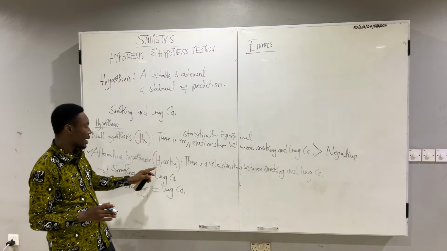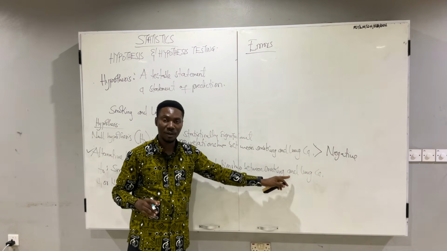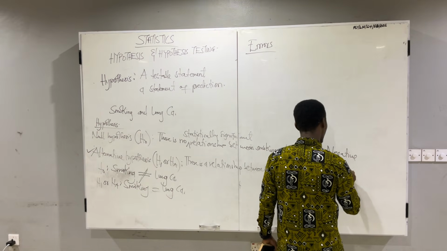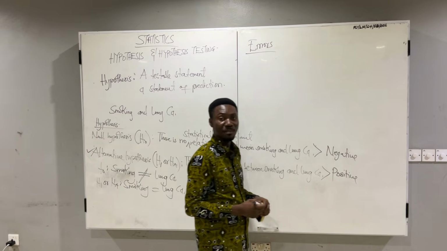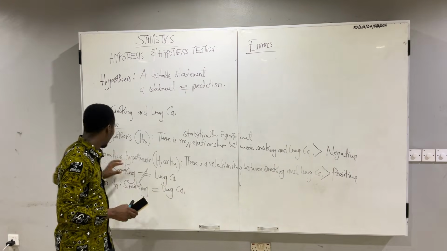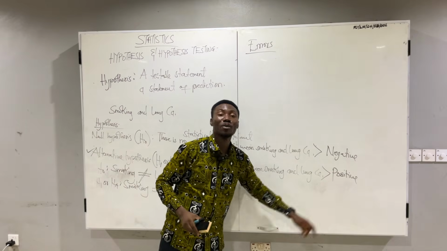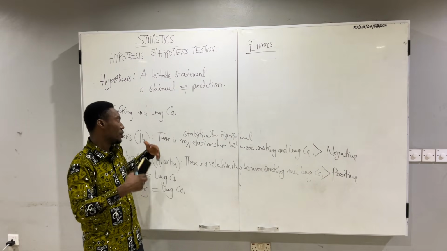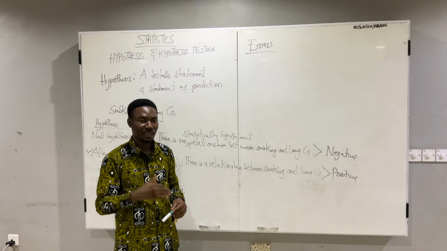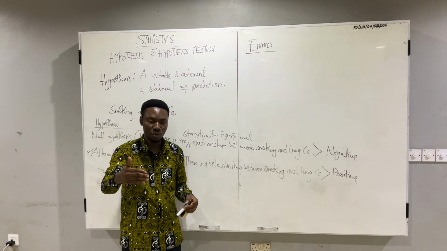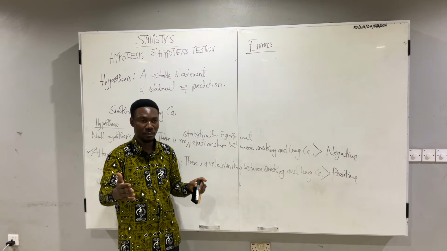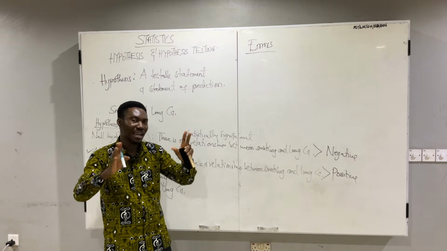And the hypothesis that is telling us there is a relationship between the variables is a positive hypothesis. What that means is that the null hypothesis is negative. The alternative hypothesis is what? Is positive. Okay? And usually I say that the null hypothesis is more like the natural hypothesis. That hypothesis that would always come to tell us that for two given variables there is no relationship. That's the natural one. Because that's the one that you should consider natural.